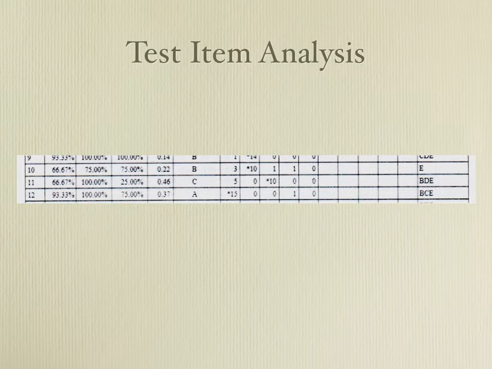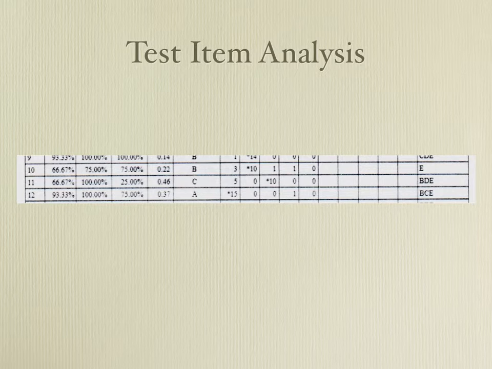Okay, here's another one. Let's look at number 11. You have 66.67% of the class got that answer correct. That's pretty good. 100% of your high performers, so the upper 27% of the class, got that question correct. The low performers on this exam, the lower 27%, only 25% got that question correct.